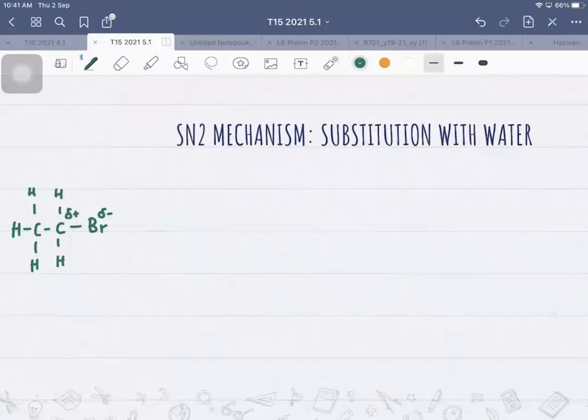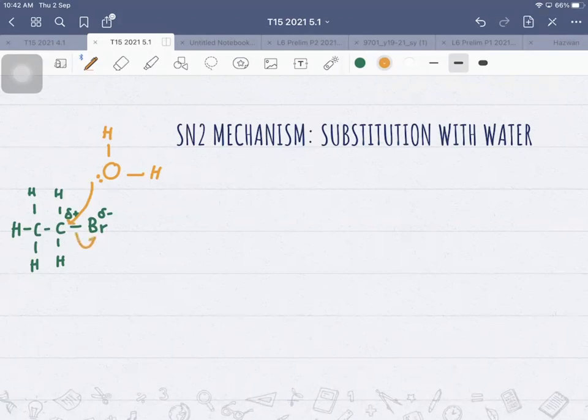So SN2 mechanism means there are two species attacking in the first step. Lone pair is important. So the lone pair is attacking the slightly positive carbon, forming a new carbon-oxygen bond.